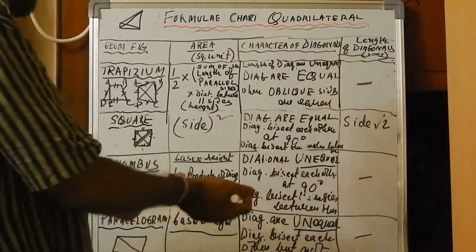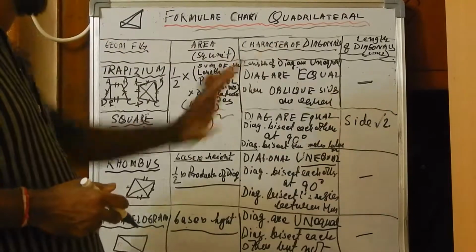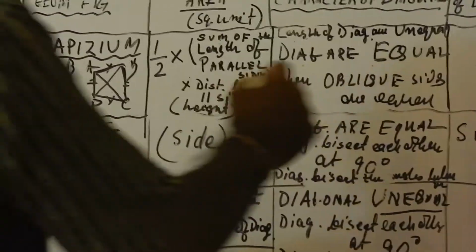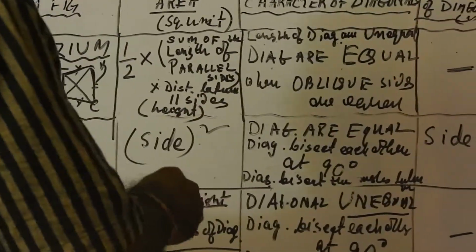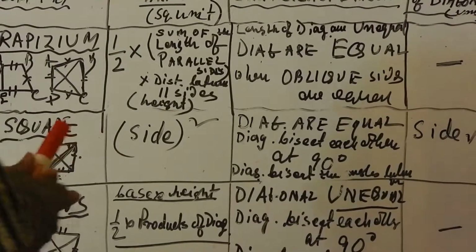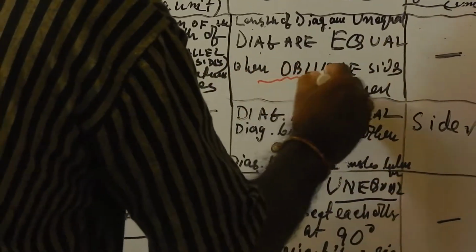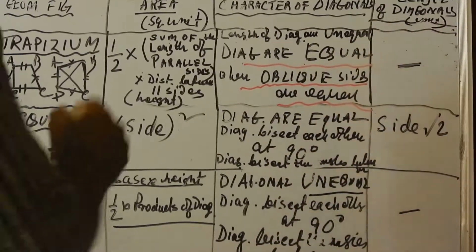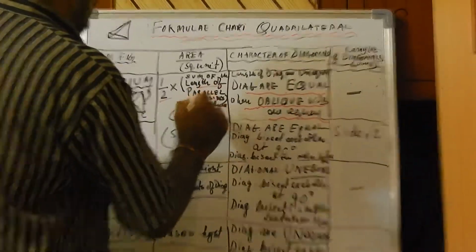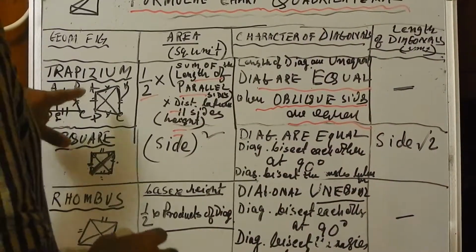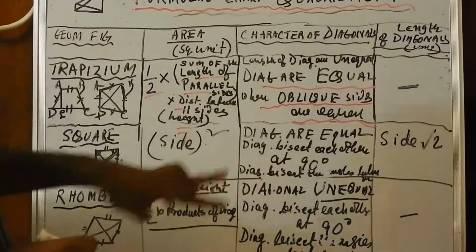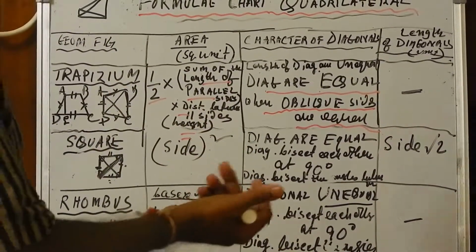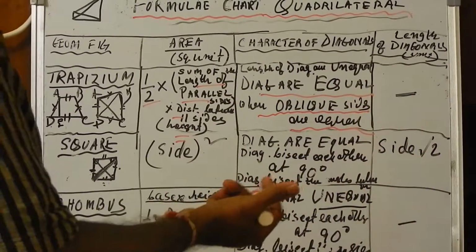And regarding diagonals, as I told, the lengths normally are unequal, but when the oblique sides are equal, then only the diagonals are equal, otherwise not. And the area of a rectangle, I have erased it because of space problem, was very easy, length into breadth.